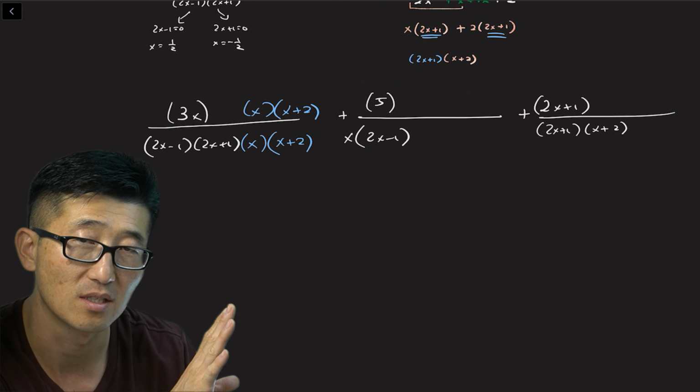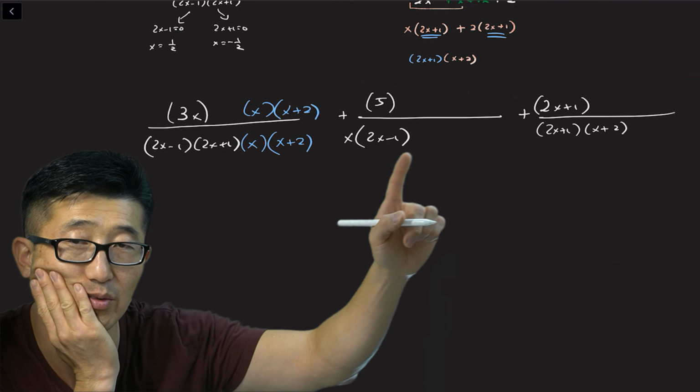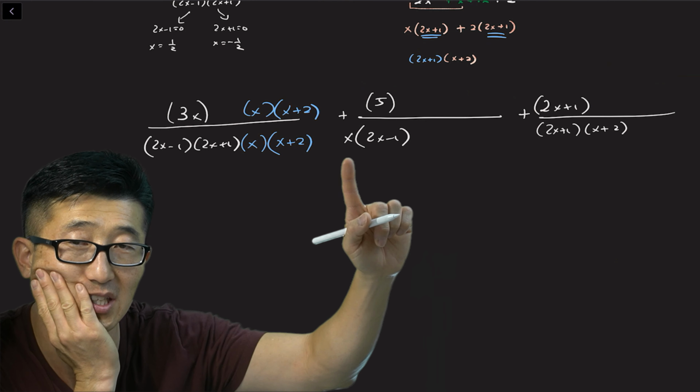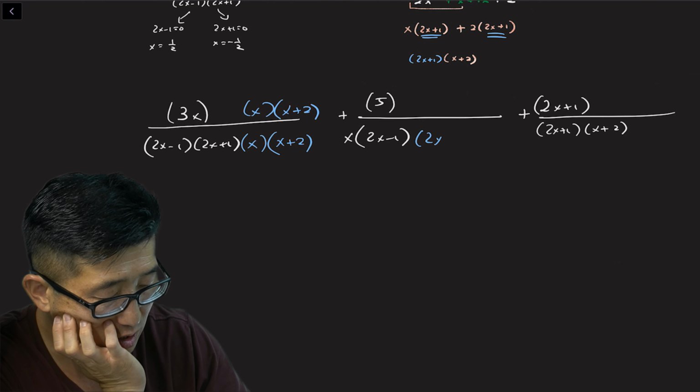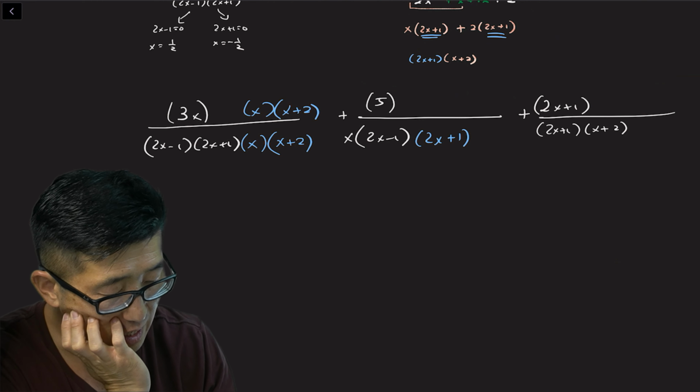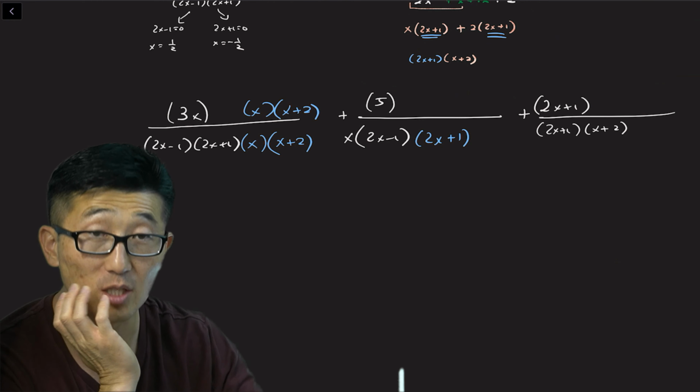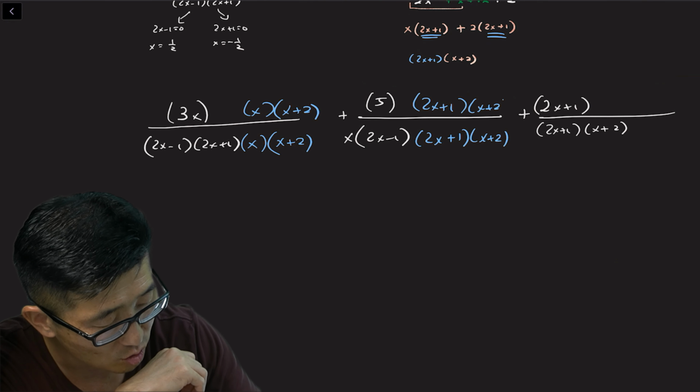I hope that made sense. So what do we need right here? Well, we have an x and 2x minus 1. This guy's a 2x plus 1. He needs that too. So whatever you're lacking, it's lacking x plus 2, right? So we want to put x plus 2 here. So 2x plus 1, x plus 2.